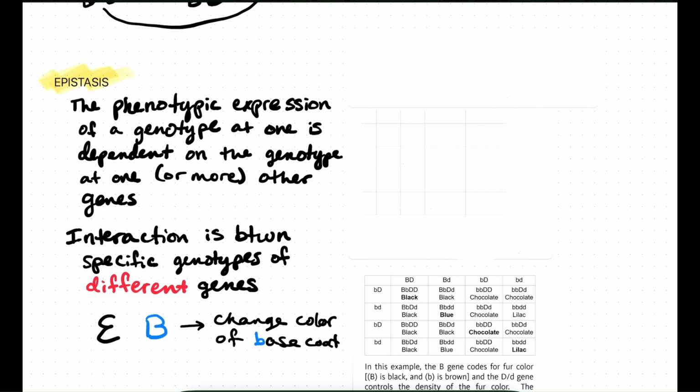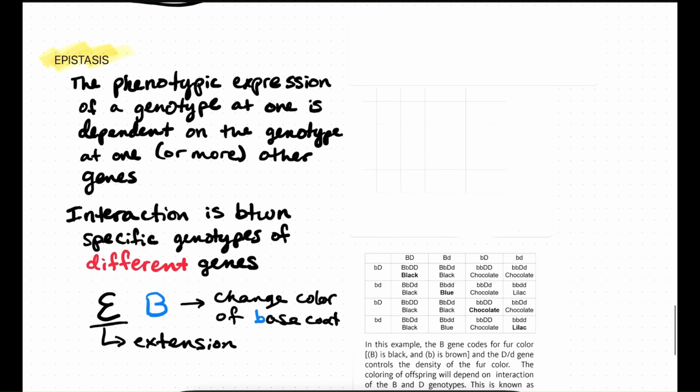The E gene controls the extension of dark pigment in the coat color. Two alleles of the E gene are big E and little e. The big E allele codes for normal extension of dark pigment, meaning that the rabbit will appear as expected with the B genotype if the B genotype is present.